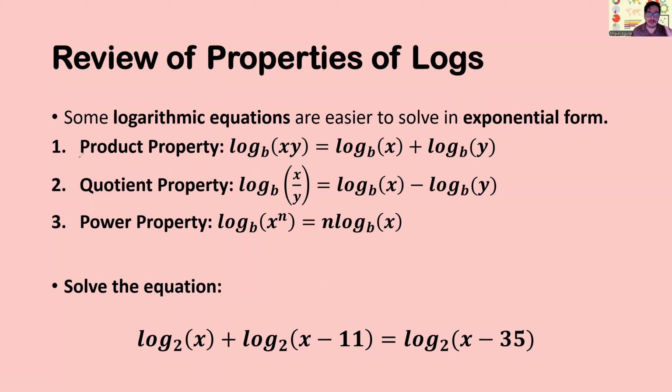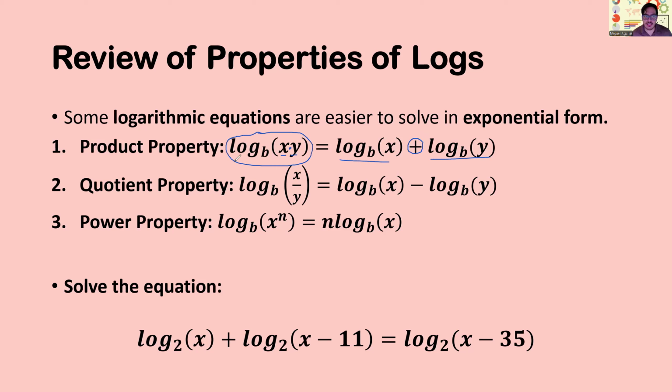There were about 5 of them, but I've only listed 3 here because these are the major players that you're going to see over and over again. So you saw problems where you had a single logarithm, and if you were multiplying the inputs x times y on the inside of the log, then we said we're going to take that log and split it up into 2 separate logs, and we're going to put plus, right?